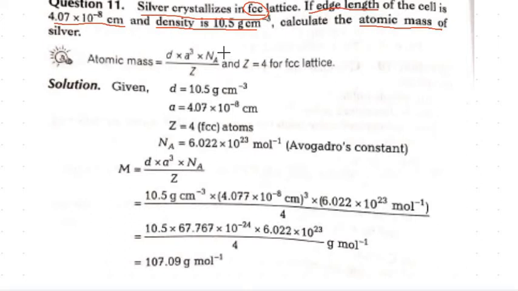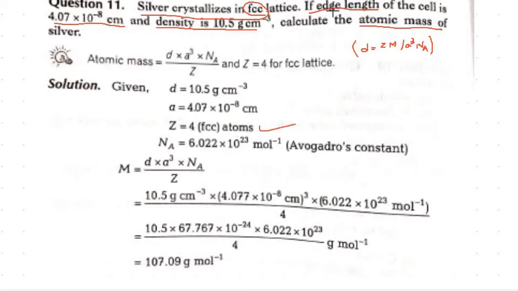Now silver crystallizes in FCC lattice, and how many atoms are present? 4. So z becomes 4.